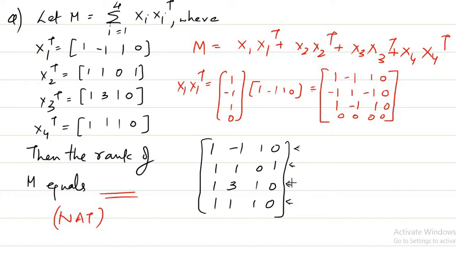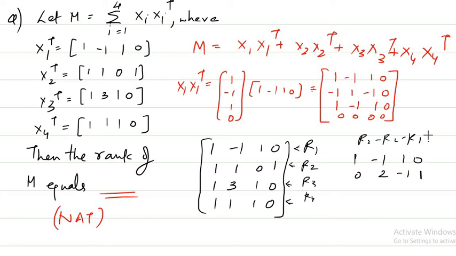So if you try to reduce this matrix, suppose this is R1, R2, R3 and R4. If I make R2 as R2 minus R1, the first row stays the same, and the second is 1 minus 1 is 0, 1 minus of minus 1 is 2, 0 minus 1 is minus 1, 1 minus 1 is 0.